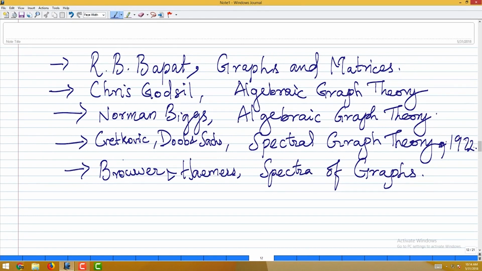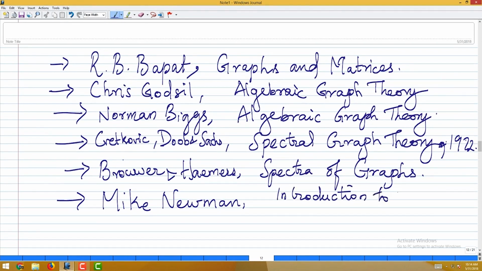And for network theory, somebody was also asking me, you can look into Newman's book, because every network theory will deal with spectral properties of networks at large scale. So, you can look into Mark Newman, Introduction to Networks, I guess. I am sorry I am giving you an incomplete bibliography, without years and publishers, but you can search it.